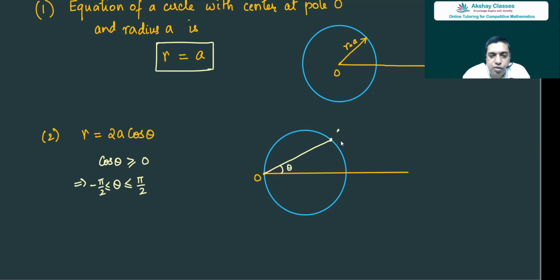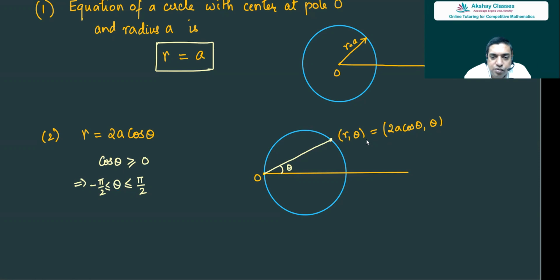So the point is R comma theta. So R is 2a cos theta comma theta.